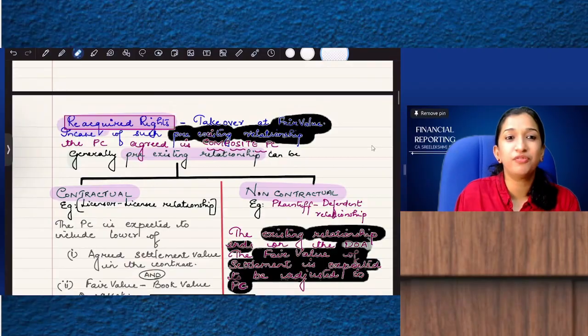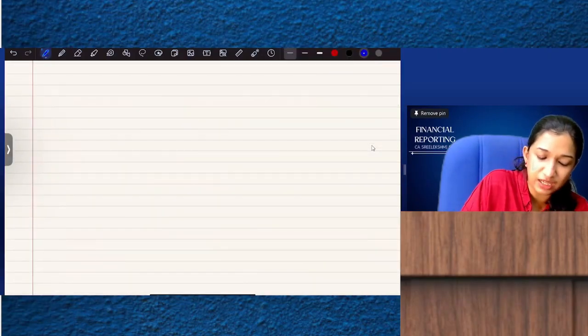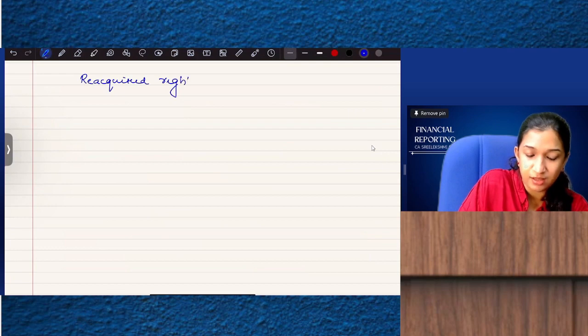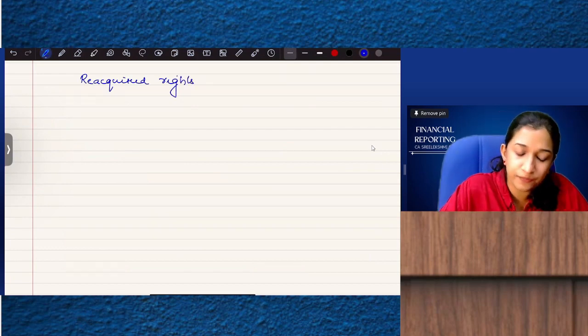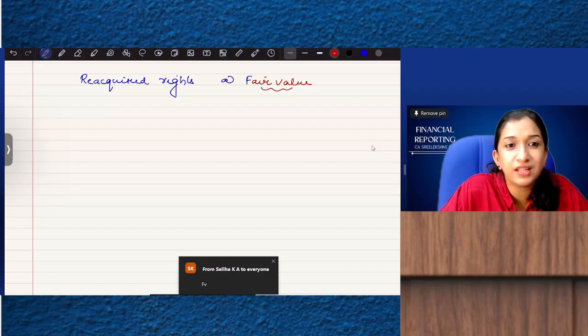What is the treatment of reacquired rights? Reacquired rights will always be taken over by the acquirer at fair value.